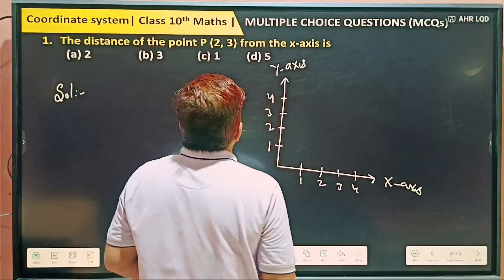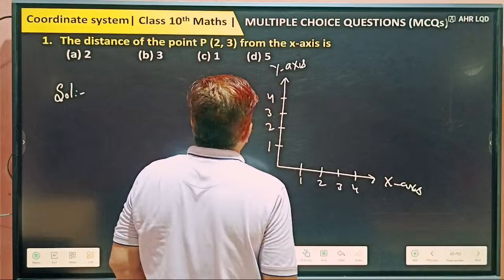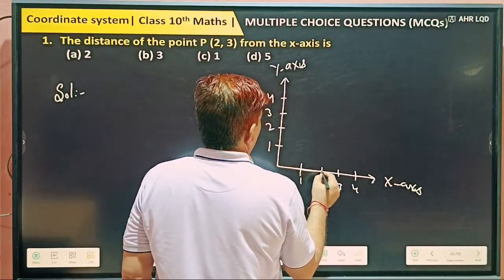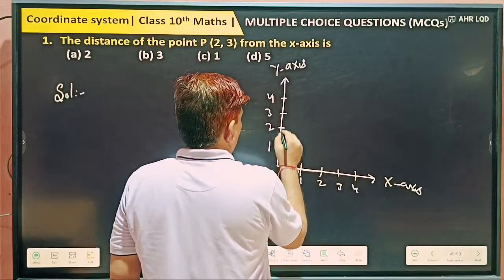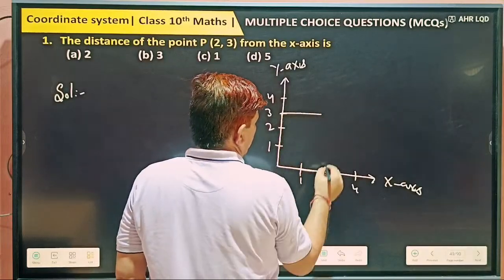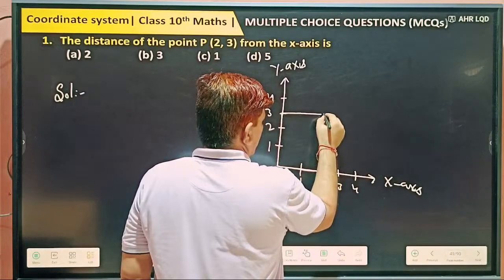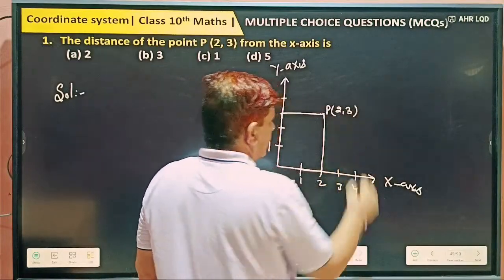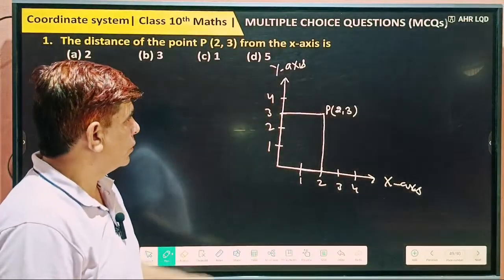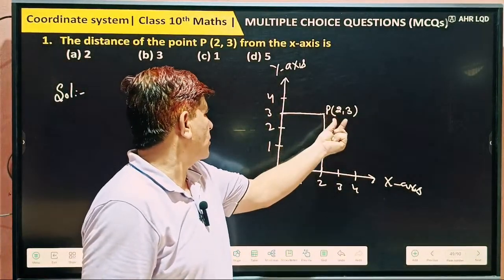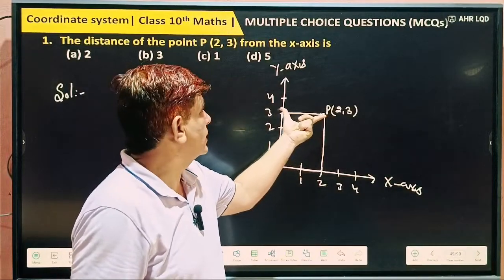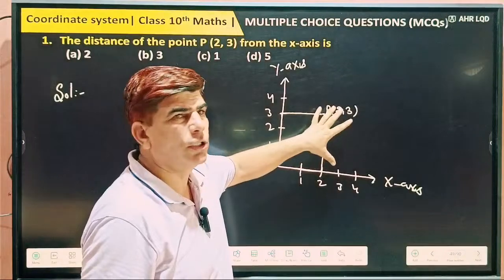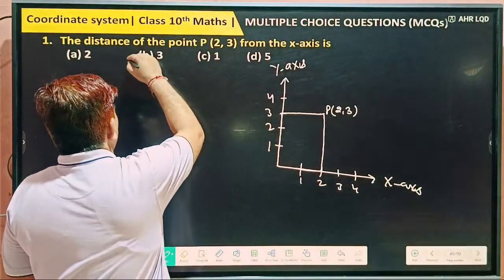And where is the point P? Whose this is 2 units and this is 3 units. So meeting at a point, this is point P whose coordinates are 2 and 3. 2 means the distance from the y-axis, and you have to tell the distance from the x-axis, so how much? 3 units. So what is your answer?